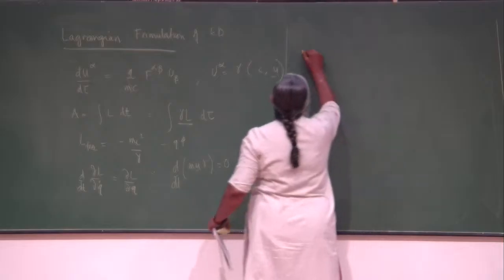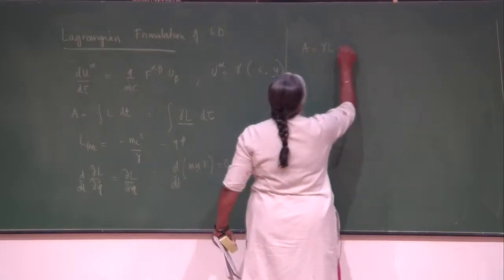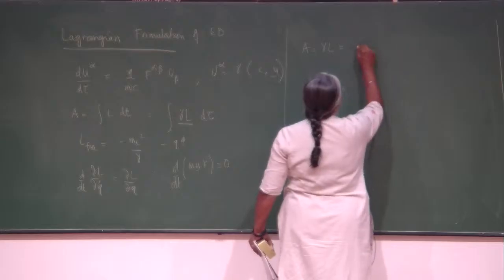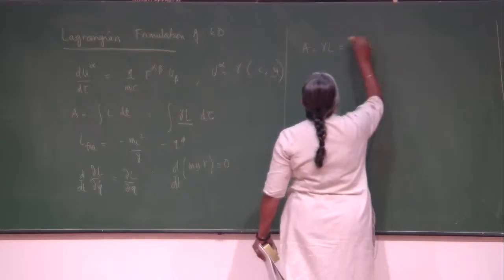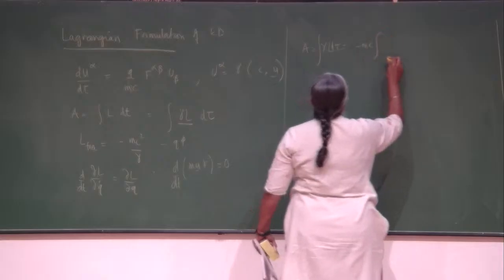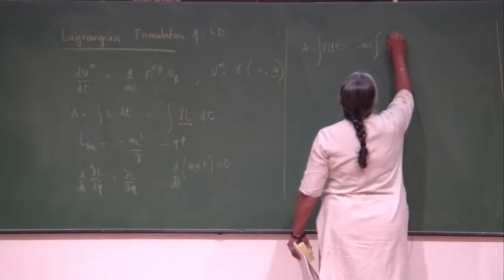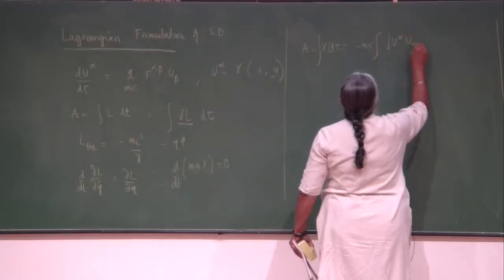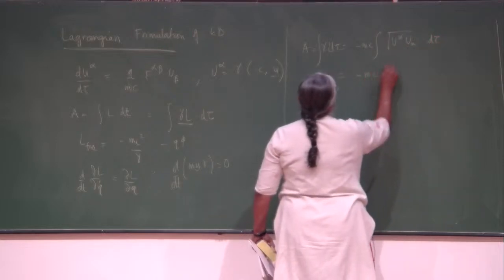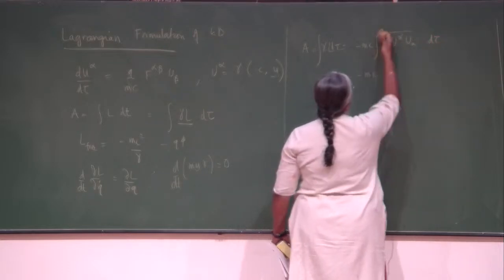So let's just write A is equal to gamma L, and I wrote gamma L as 1 by gamma gets cancelled, minus mc d tau of u alpha. That I can write as minus mc from some tau 1 to tau 2, where the endpoints are invariant.